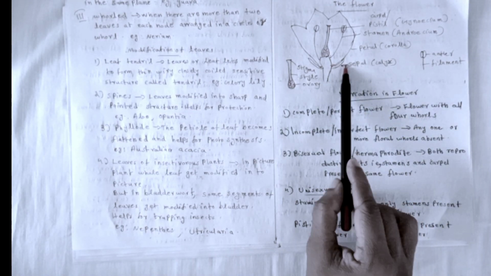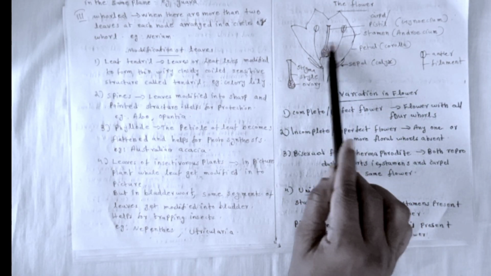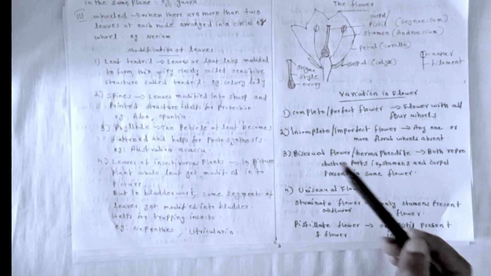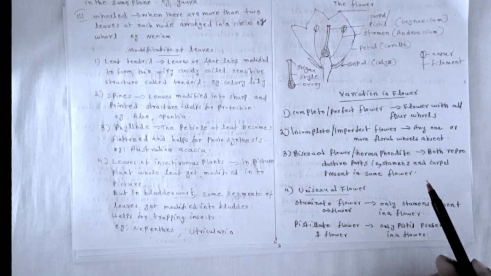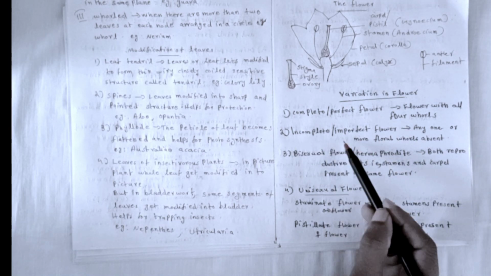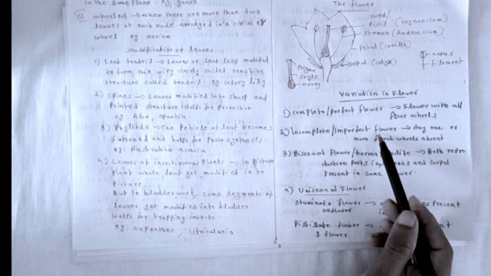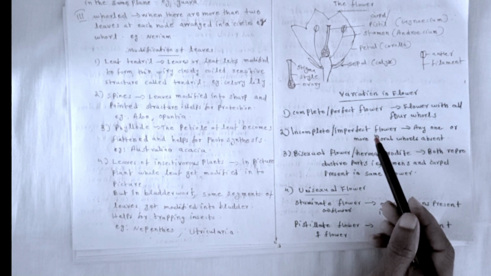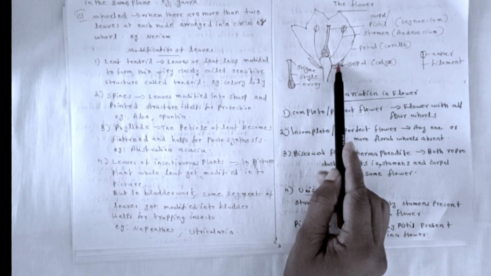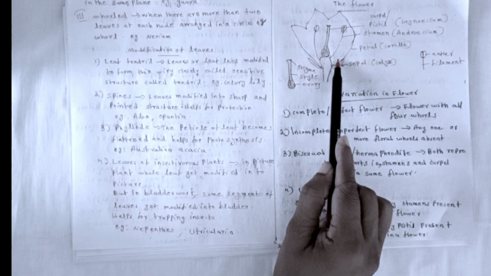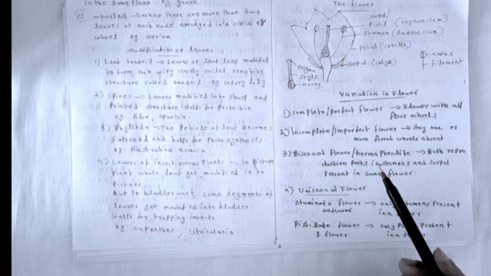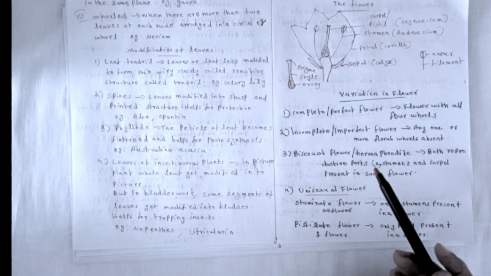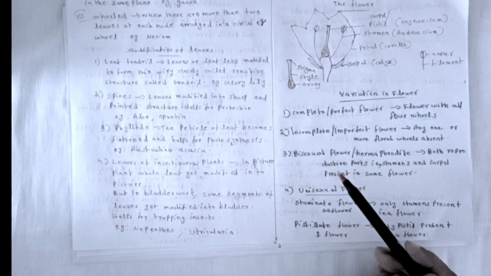Such flowers are known as complete or perfect flower. Then what is incomplete or imperfect flower? Any one or more of the floral whorls are absent. Such flowers are called incomplete flower.